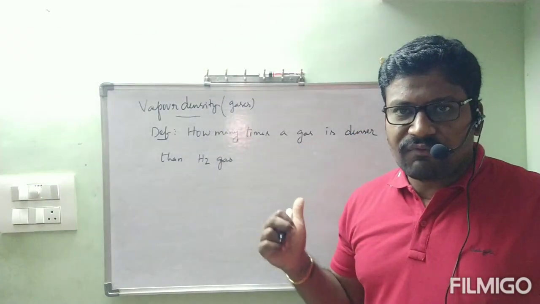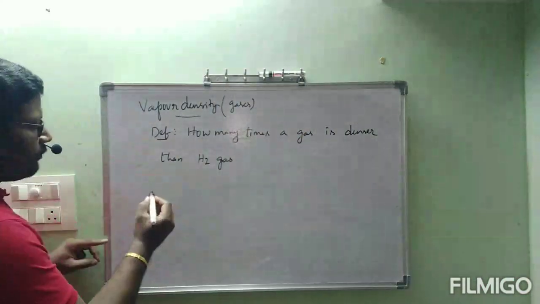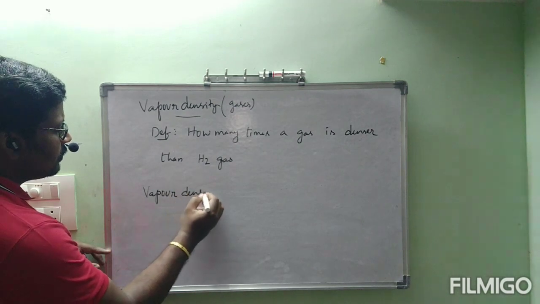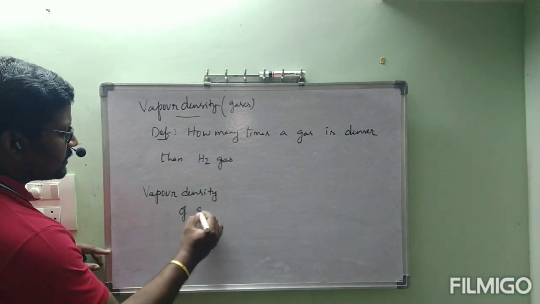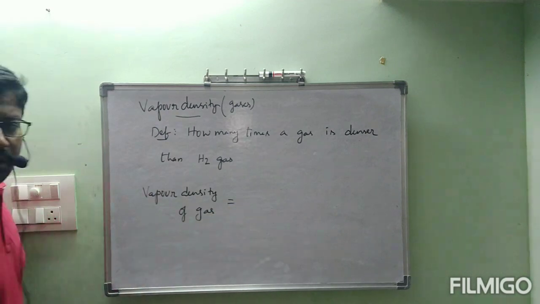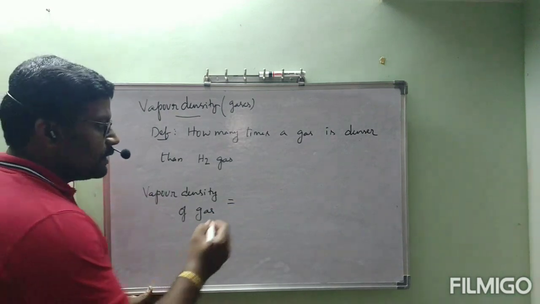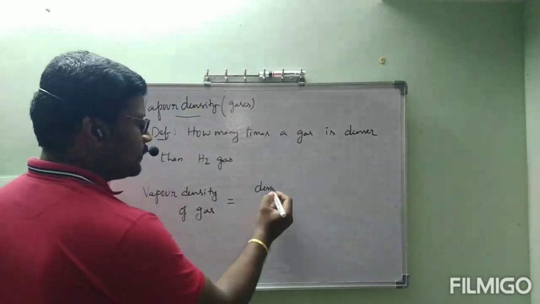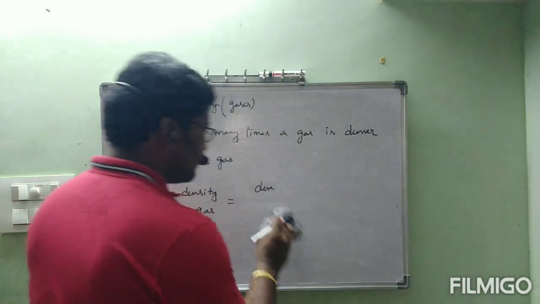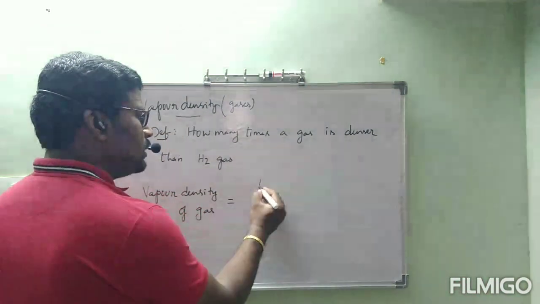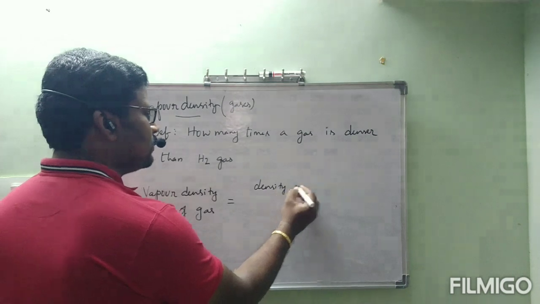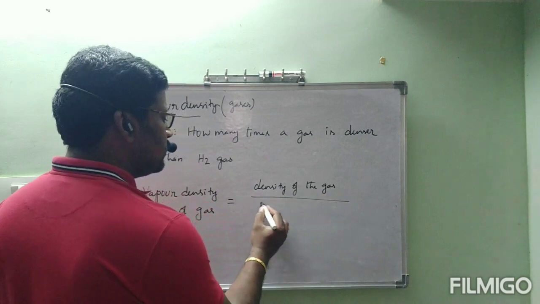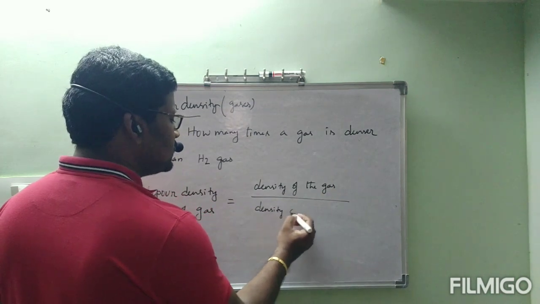Okay, now that formula will be: vapor density of a gas is equal to density of the gas divided by density of hydrogen.